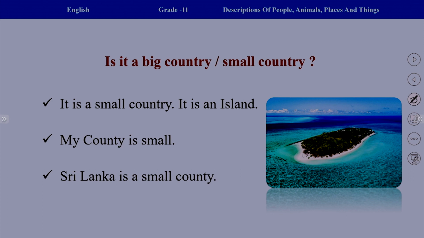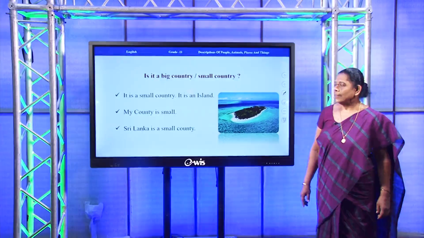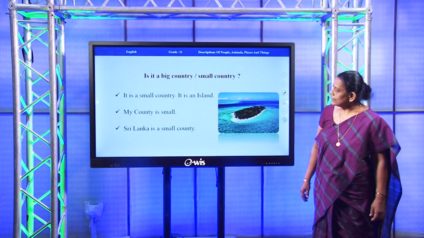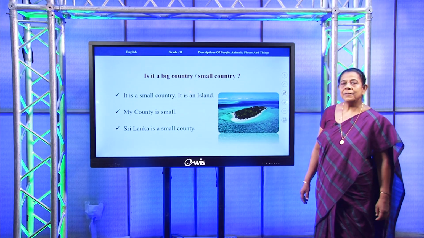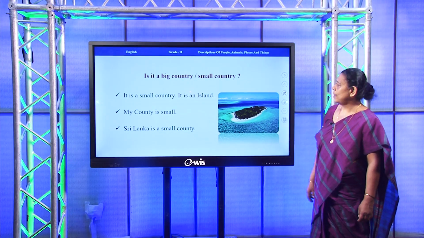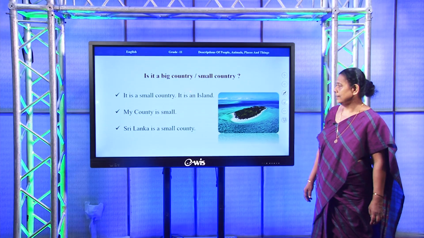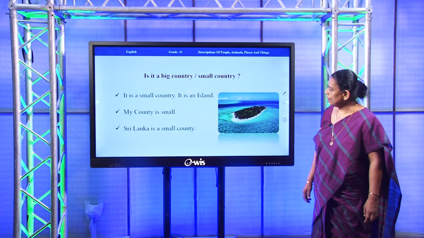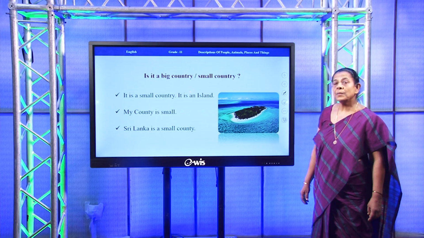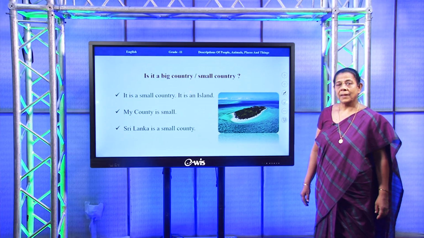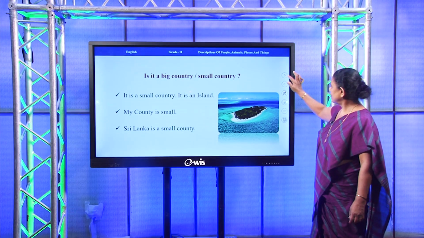Sri Lanka is a small country. You can write the answer using any of the ways. Let's move to the other question.